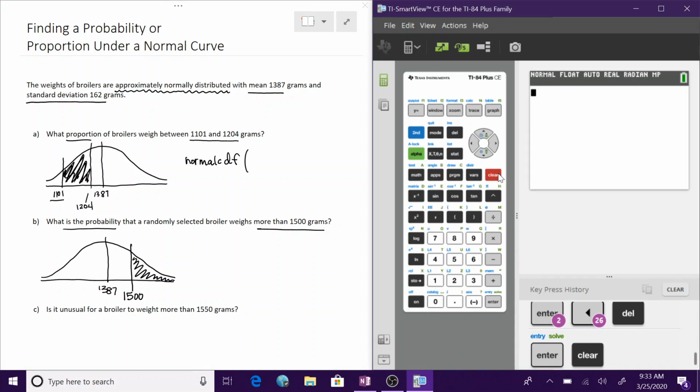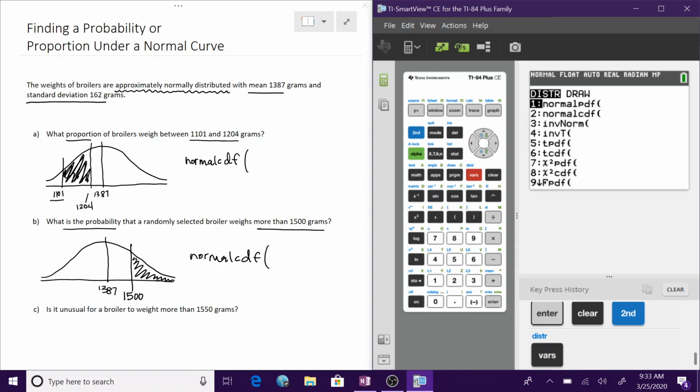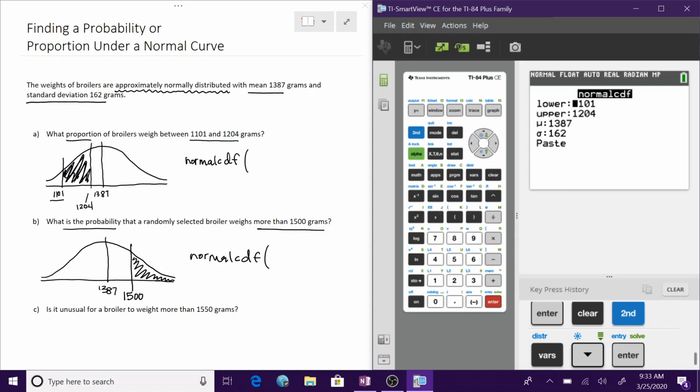Alright, and then to put this in our calculator again, we can use our normal CDF. Second vars down to number 2. Now our lower number is going to be this 1,500. That's our smaller number.